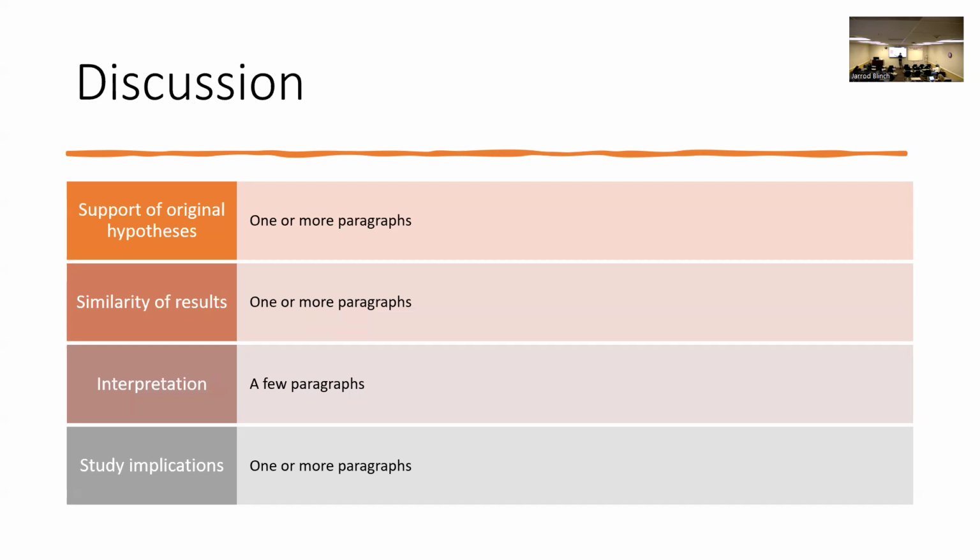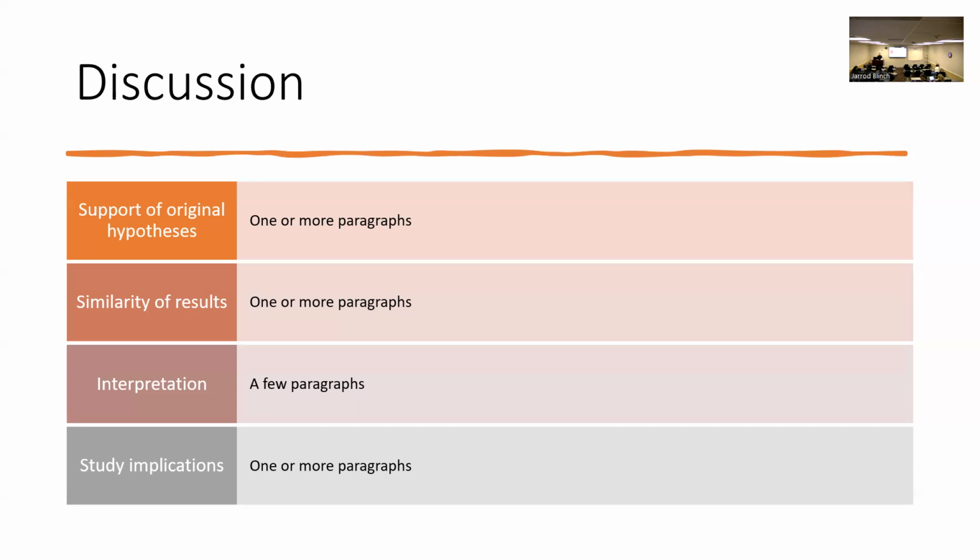Interpretation: what do your results tell us? This is kind of the main part, so here I expect at least a few paragraphs. And then typically the last paragraph or the end of the paper covers the implications of your experiment and the results. This is at least one, but could be a few paragraphs.